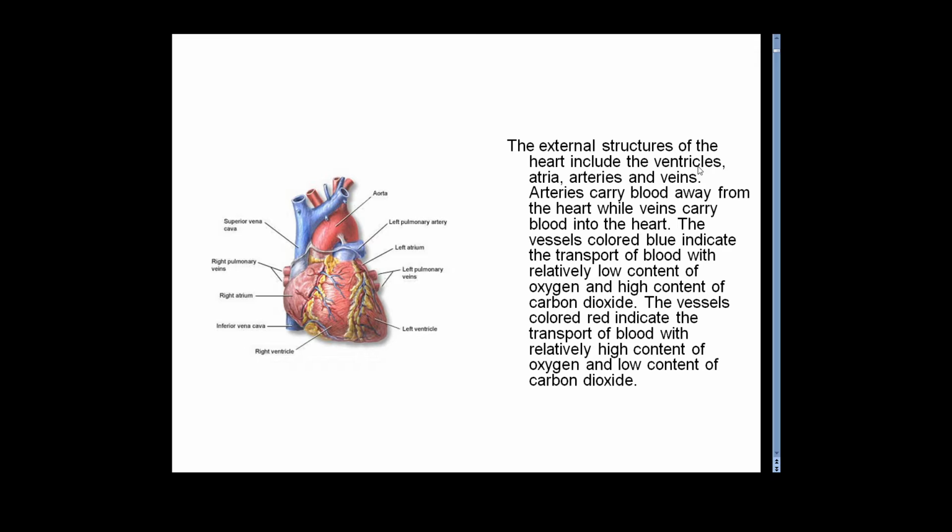Arteries carry blood away from the heart, while veins carry blood into the heart. The vessels colored blue indicate the transport of blood with relatively low content of oxygen and high content of carbon dioxide. The vessels colored red indicate the transport of blood with relatively high content of oxygen and low content of carbon dioxide.